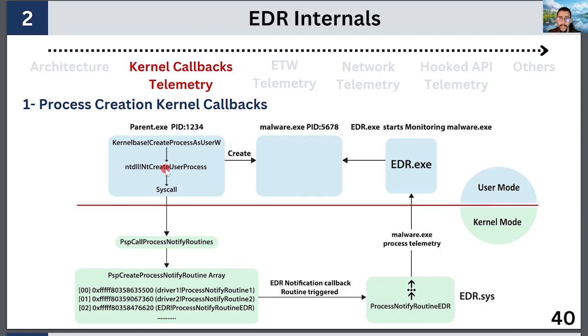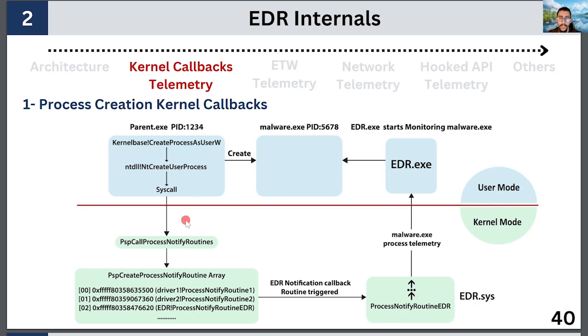This prepares the necessary arguments for process creation. Then the syscall instruction is executed, causing a transition from user mode to kernel mode, passing control to the Windows kernel.